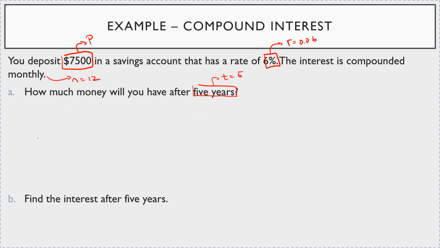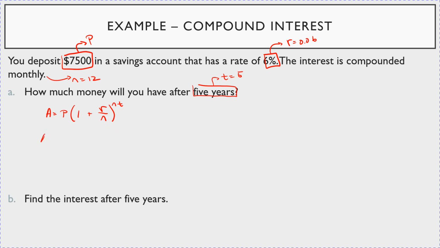So to figure out how much you'll have after 5 years, you're going to use A, the future value, equal to principal times 1 plus R divided by N, raised to the N times T power. Again, what are you doing here? You're just taking all these values and plugging them into the formula.